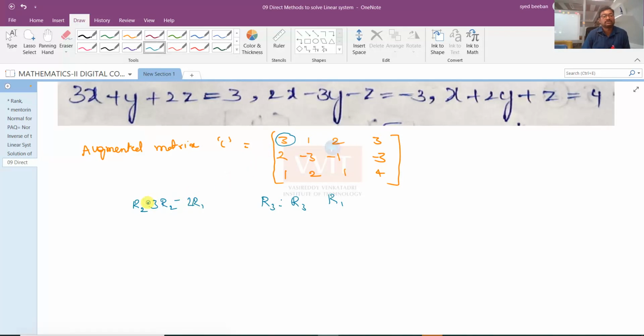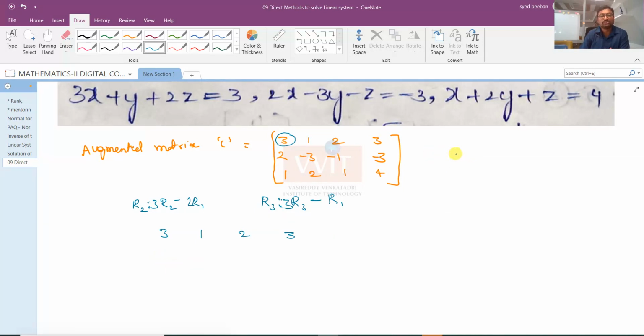Similarly, for R3, it is 1 and 3, so the third row is multiplied with 3 and R1 is subtracted from 3R3. For your convenience, I am not updating anything in row 1, so row 1 would be the same: 3, 1, 2, 3. We made these two 0 by using that method.